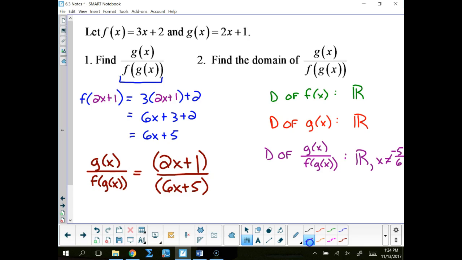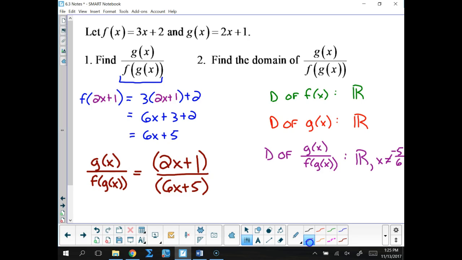Where does that one restriction happen? When the denominator, when what is equal to negative 5/6? Where is that restriction? When f is that, right?